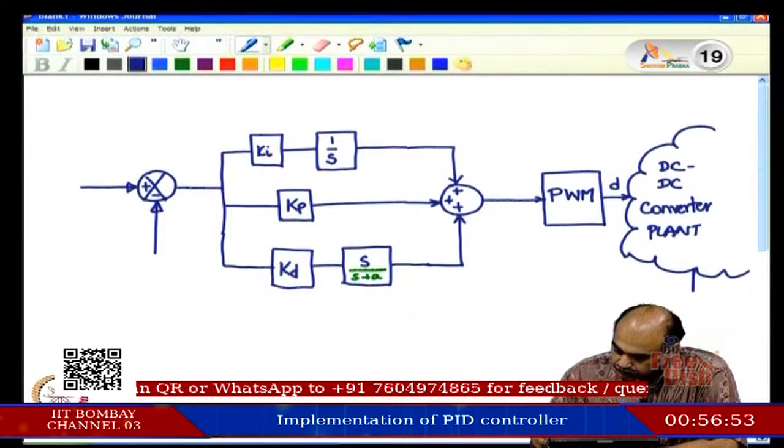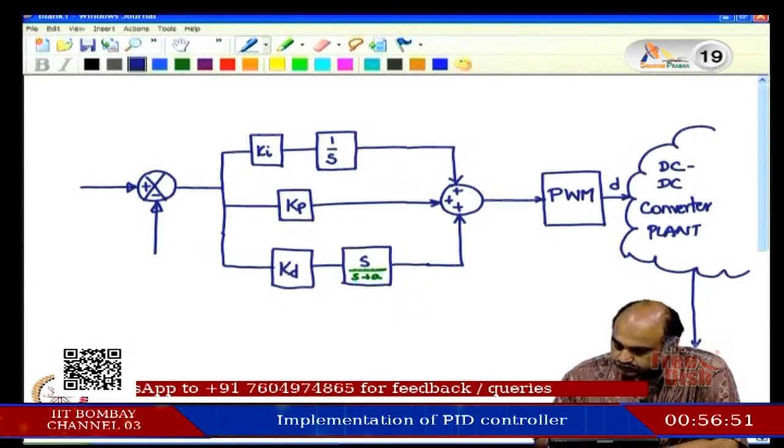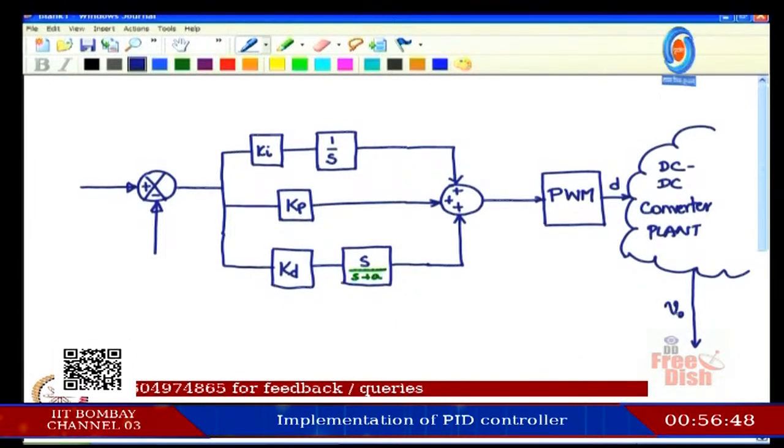The sensed output could be V naught, which is fed back.